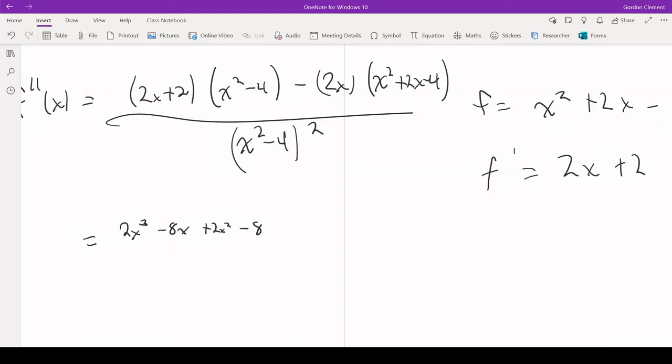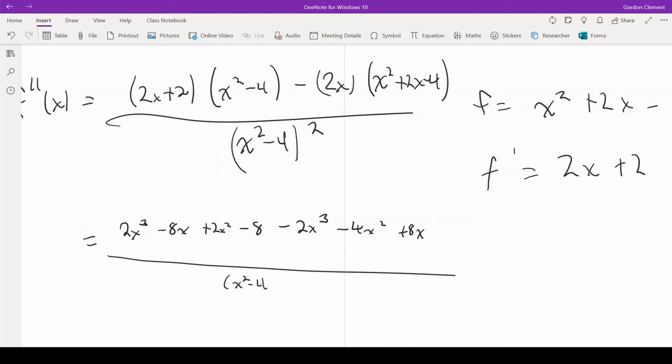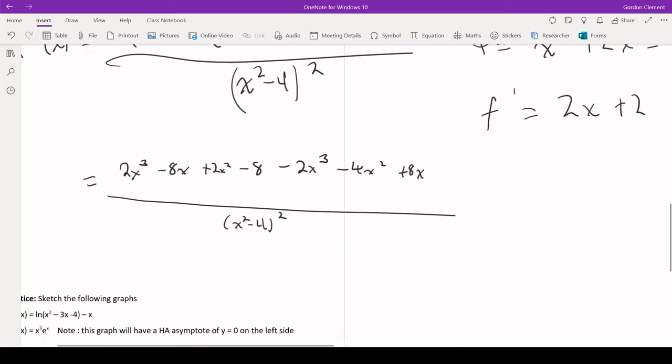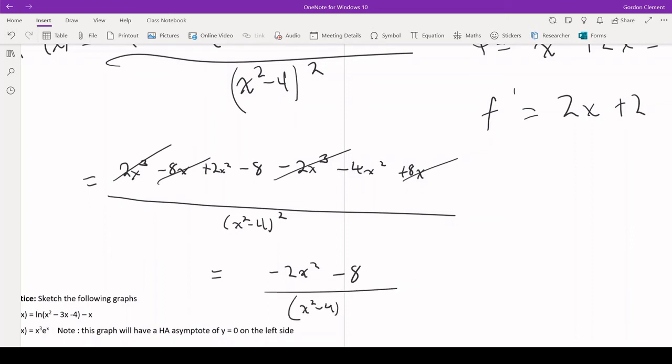I'm going to consider this to be a negative 2x when multiplying it through that bracket, so negative 2x cubed, negative 4x squared, and positive 8x, I believe, is what we have, over the x squared minus 4 all squared. And then, yeah, the cubes cancel out. That's handy. I see negative 2x squared on top. These actually go away. And then I just see a minus 8 over x squared minus 4 all squared.